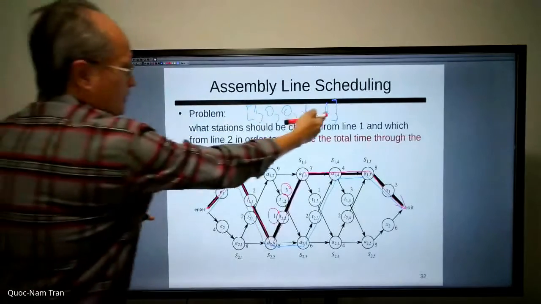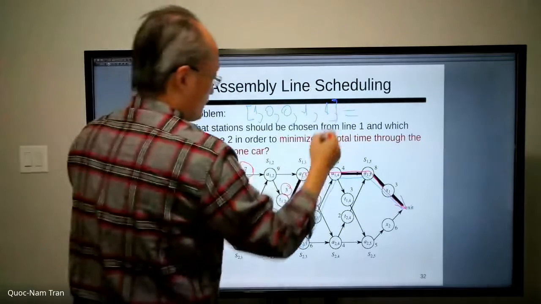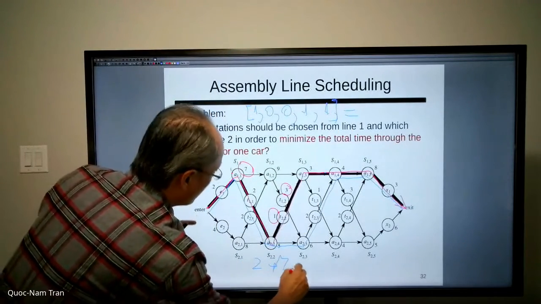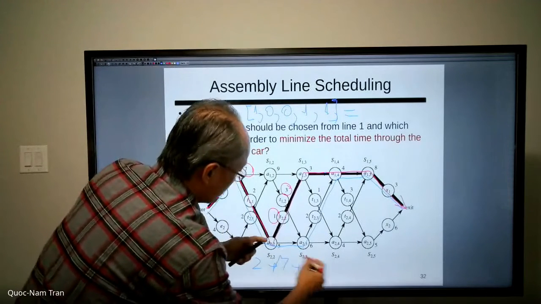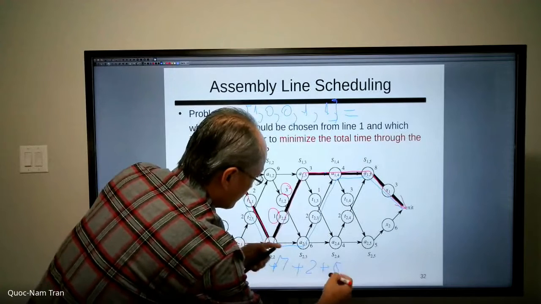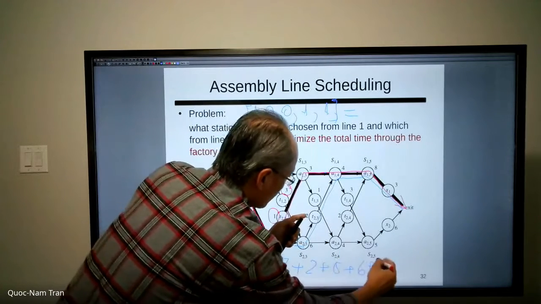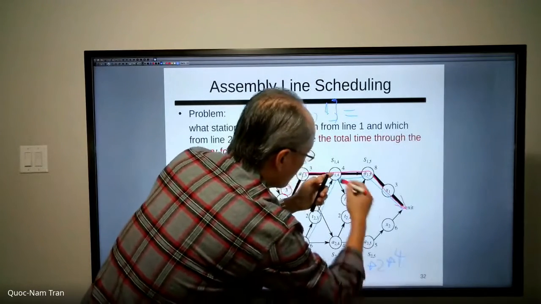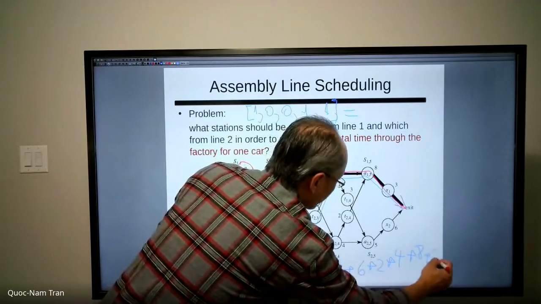So this way costs us 2 plus 7 plus 2 plus 5 plus 6 plus 2, okay, plus 4 plus 8 and plus 3.